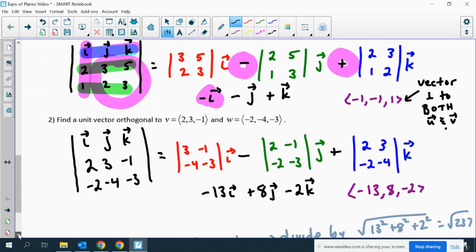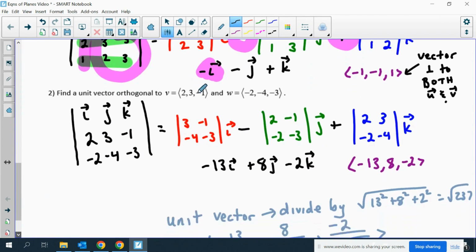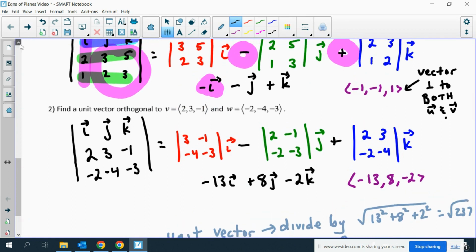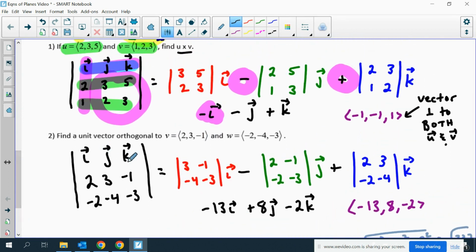Here's another example. Find a unit vector orthogonal to v and w. So we do the cross product with i, j, k, 2, 3, negative 1, negative 2, negative 4, 3.